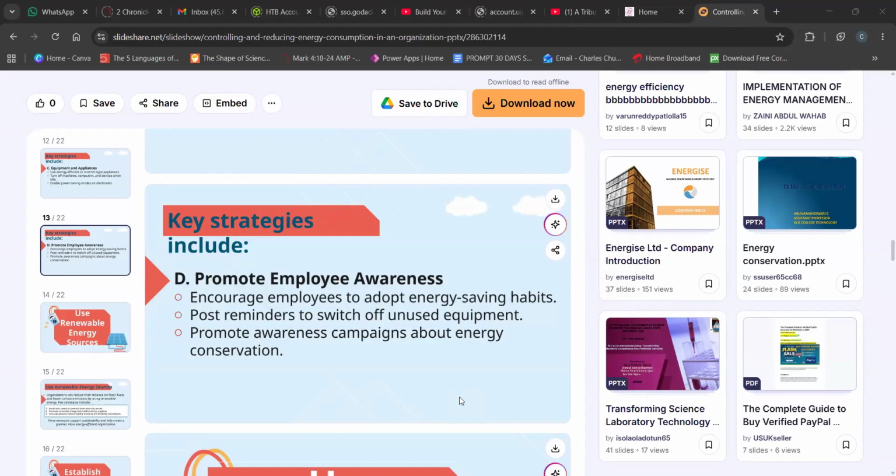You are promoting that awareness among people so they adopt energy saving habits. You might need to post reminders for people to switch off unused equipment. And then finally, promote awareness campaigns about energy conservation.